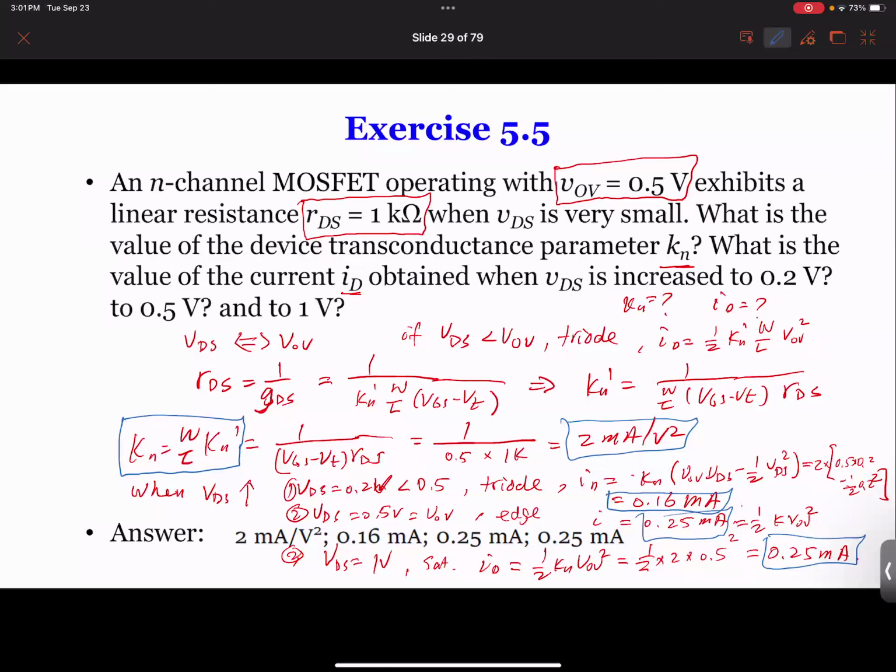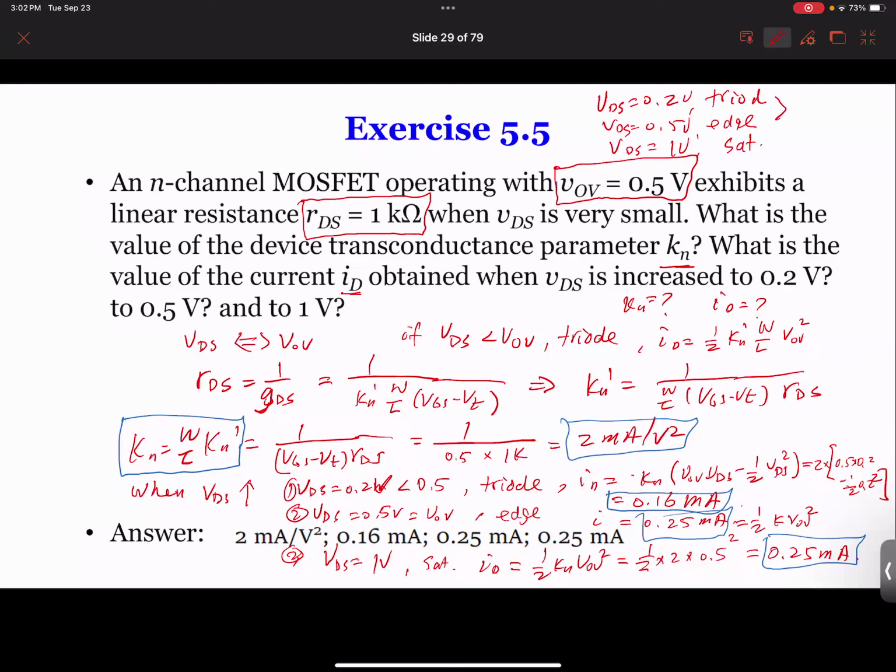The most important thing is to identify the region. VDS of 0.2 is in the triode region, VDS of 0.5 is at the edge or boundary, and VDS equal to 1 volt is in the saturation region.